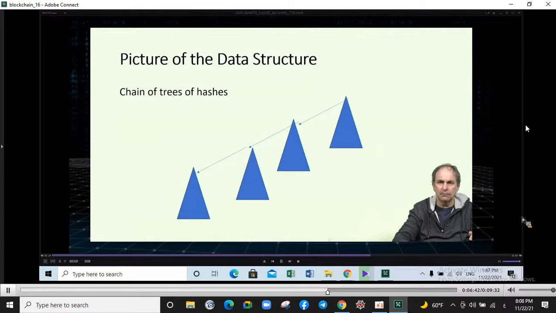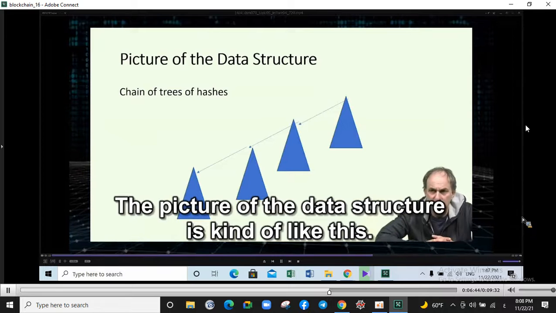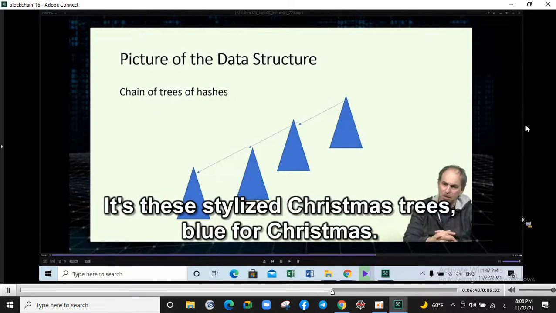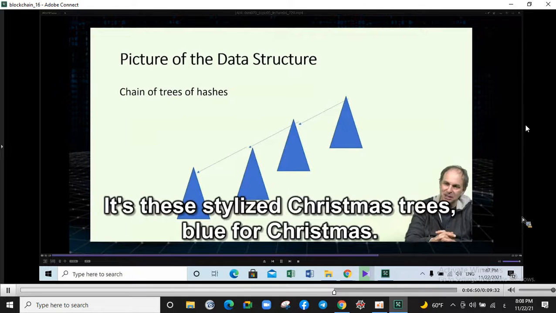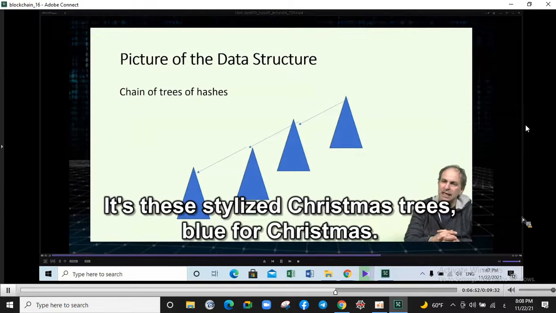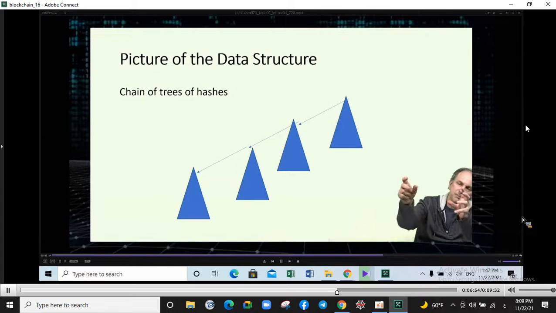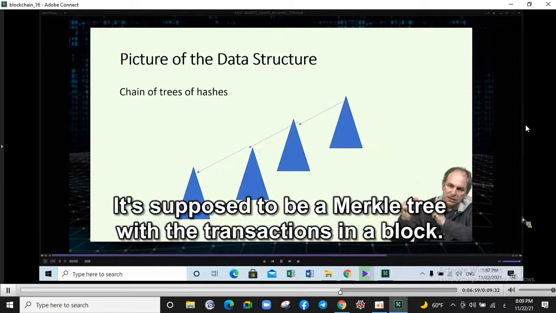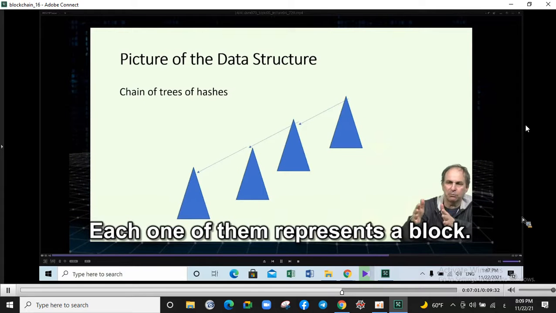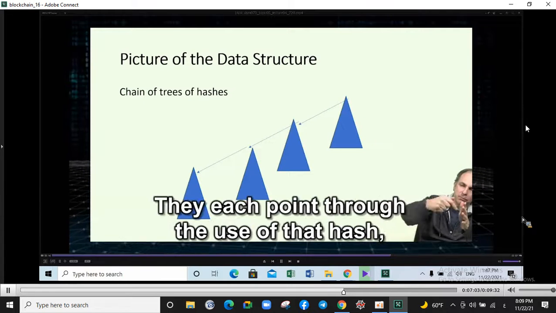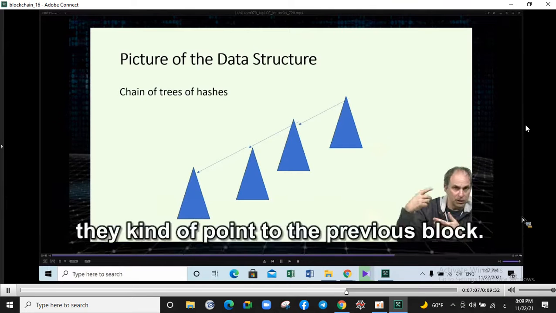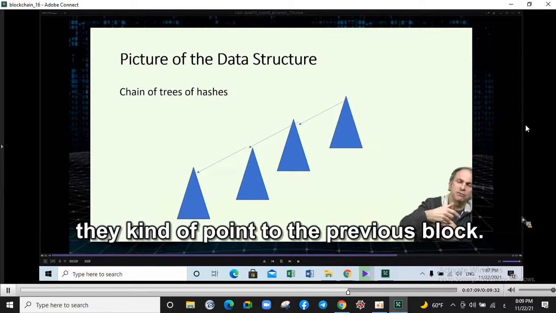Okay, so the picture of the data structure is kind of like this. These are stylized Christmas trees, blue for Christmas, and each of them is a tree. It's supposed to be a Merkle tree with the transactions in a block, and so each one of them represents a block, and they each kind of point, through the use of that hash, to the previous block.